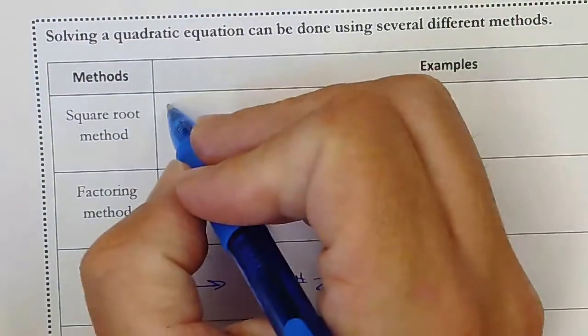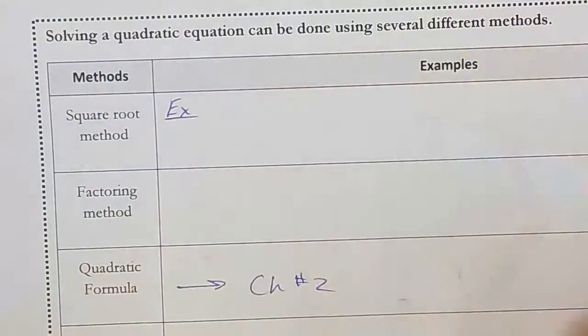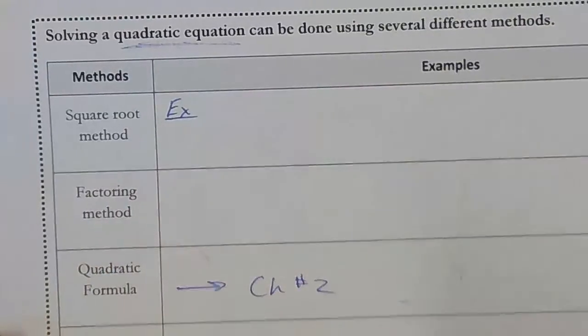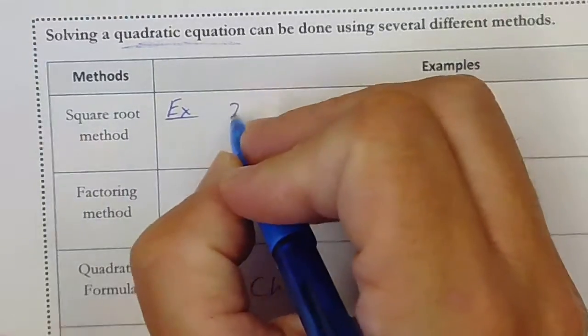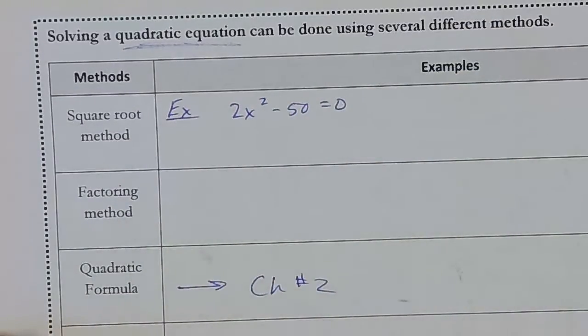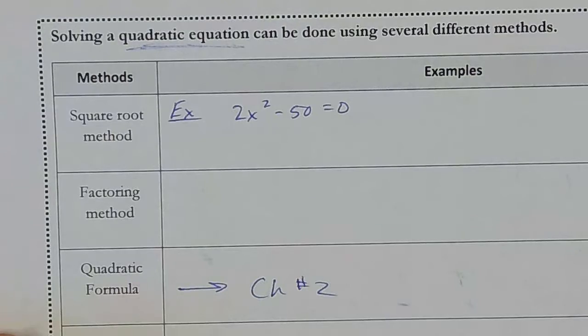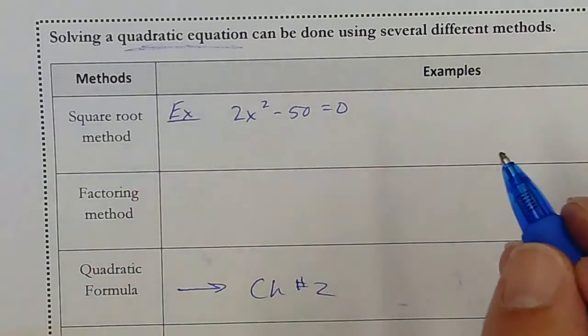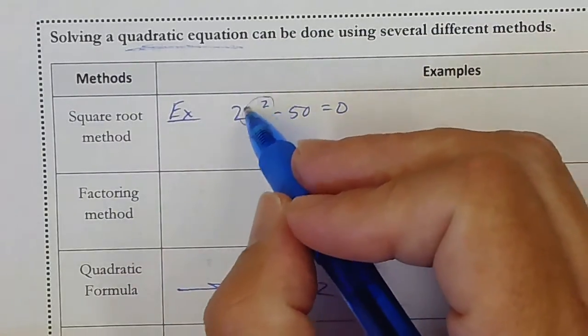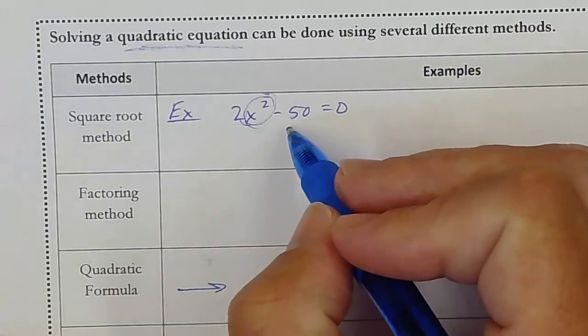Okay, so here's the square root method. Now we're moving into solving these quadratic equations, not just factoring. We need to solve it. Okay, so let's take a look at this example here. 2x squared minus 50 equals 0. Okay, when you see it's possible just to get x squared by itself, because there's no x term here, right?